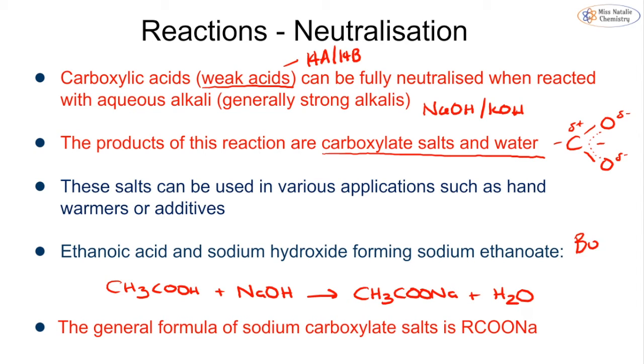And we've seen this reaction particularly when we're looking at buffers, because we have a buffer reaction when we've got that large reservoir of our acid plus our ethanoate here for the salt. So we've seen this reaction in a little bit more detail. And the general formula for any of these sodium carboxylate salts is RCOONa. Notice that the metal comes second this time to show that the metal is actually bonded to the oxygen, not to the R group or to the carbons.